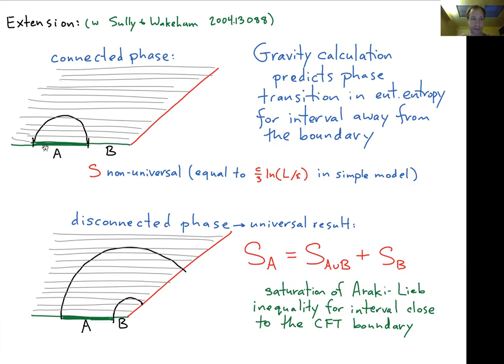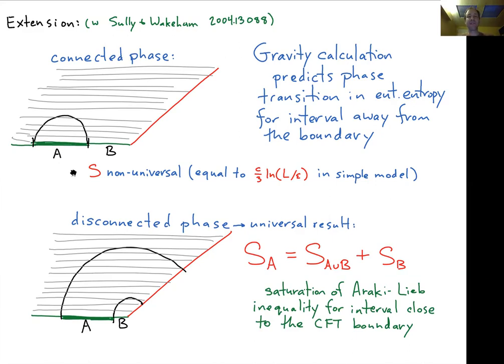There's an interesting story when you have the interval. Again, we're thinking about the vacuum state of a CFT with some boundary. Here I'm just talking about 1+1 dimensions. Now I want to think about an interval which is separated from the boundary like this.